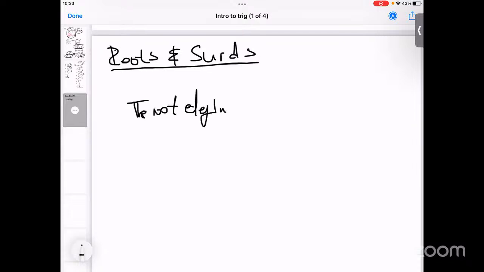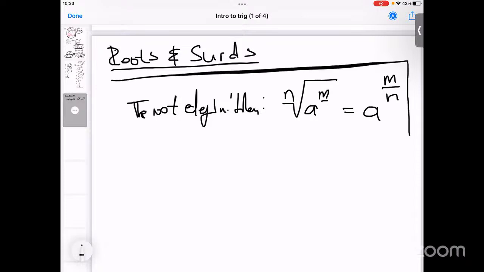The root definition says if you are having the n-th root of a, being the base, to the exponent of that, this thing is the same as that same base. Now you see this exponent is the one that goes to the top as the numerator, and then that n is the one that goes to the denominator.